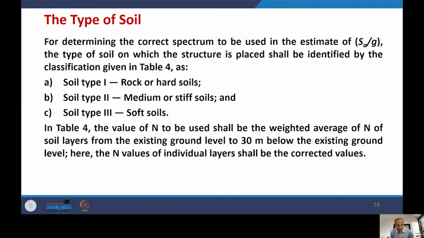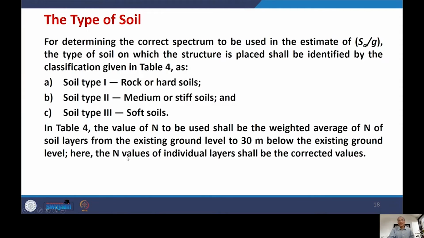So all soft, medium, and hard soil, all three soils have been covered. And in Table 4, the value of N to be used shall be the weighted average of N of soil layers from the existing ground level to 30 meters below the existing ground level. The values of N shall be the corrected values. So first of all, you will be using corrected values of N here.